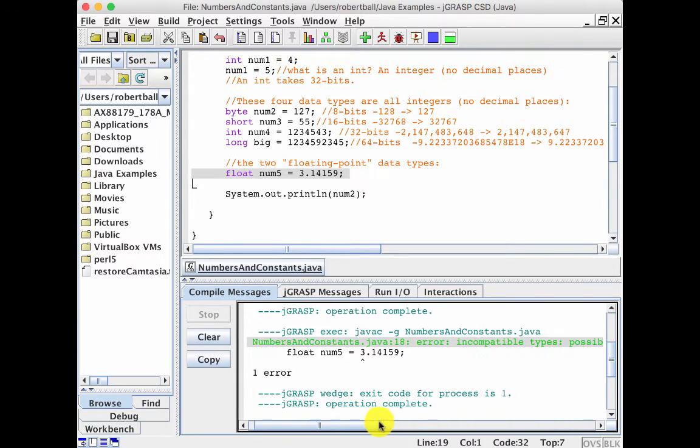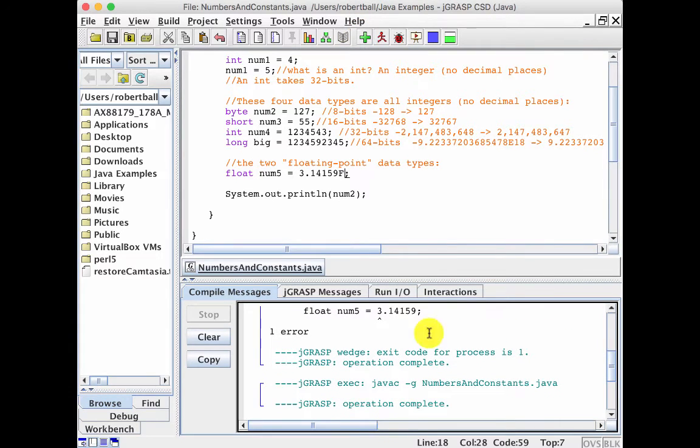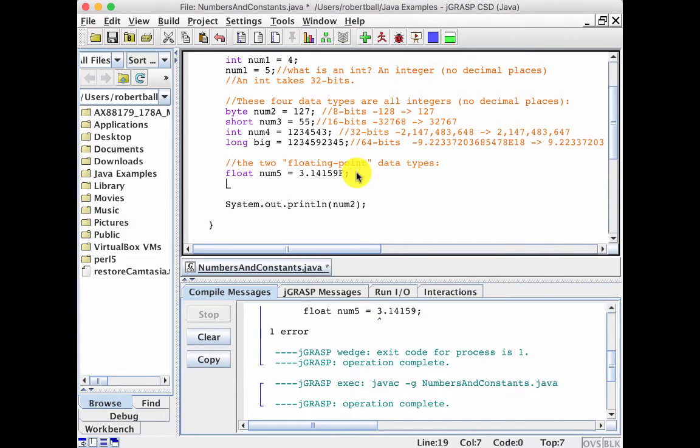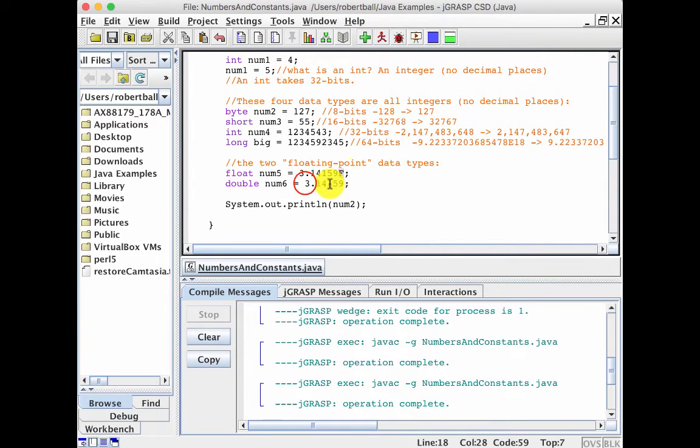It actually doesn't like us because it thinks it's a double, so I'll put an F here. Yay, that works. And then there's the double, and I'll do num6 equals 3.14159.